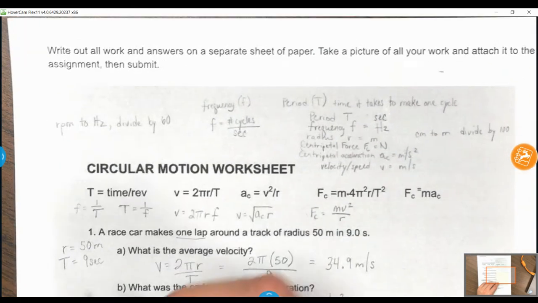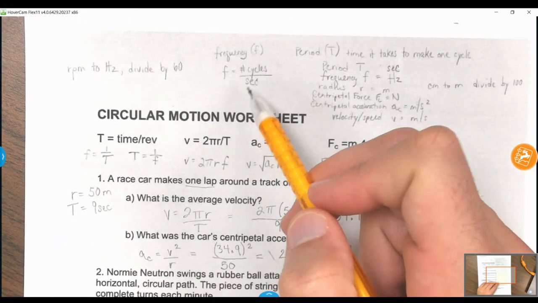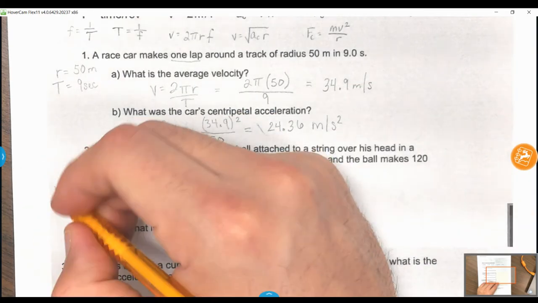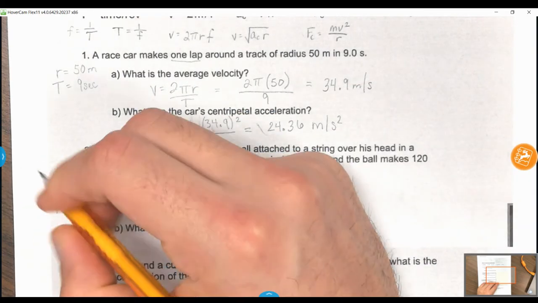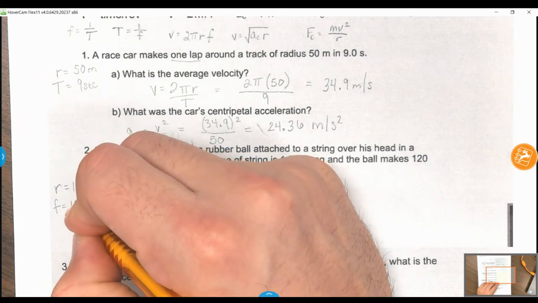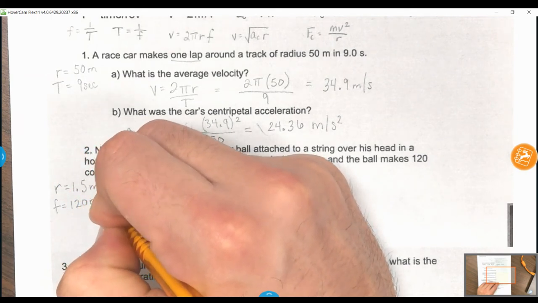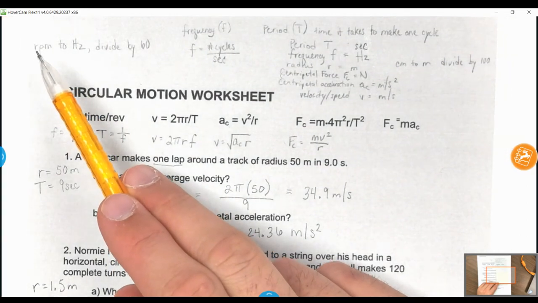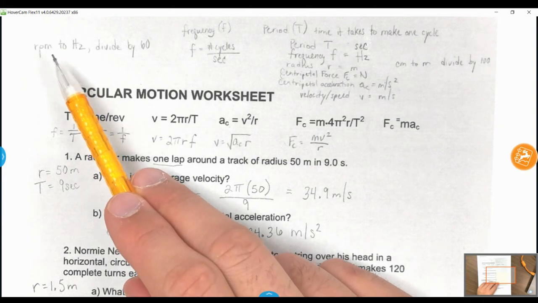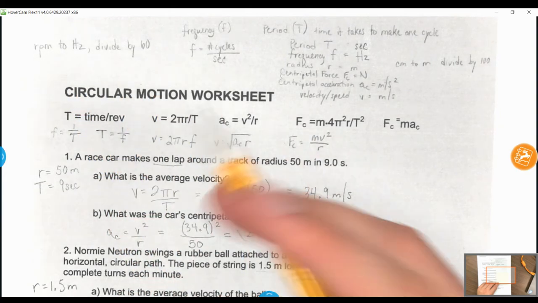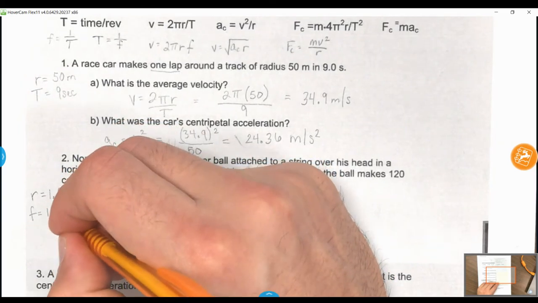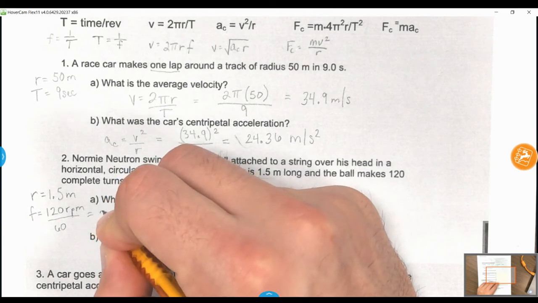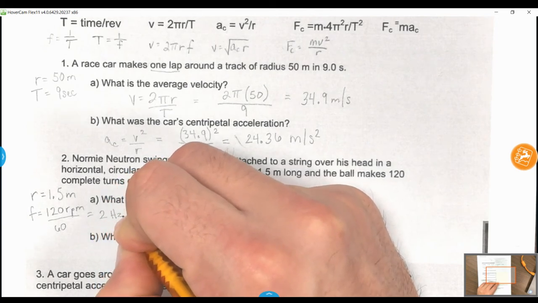Frequency is the number of cycles per second, but they gave us 120 complete turns per minute, which is a frequency of 120 RPM. But we don't want RPMs. If you have something in rotations or revolutions per minute, to get it into hertz, we have to divide it by 60. So we have a frequency of 2 hertz.